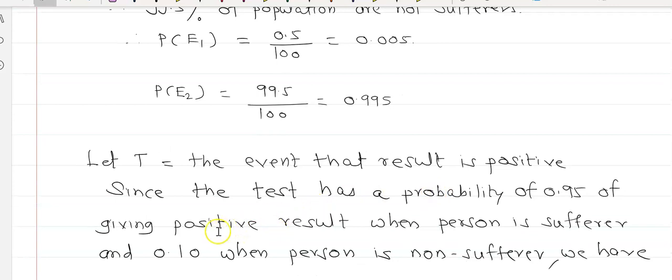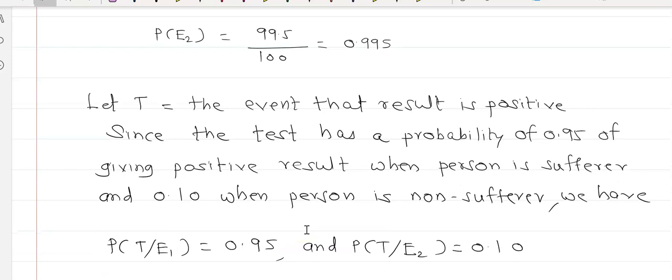Let T be the event that the result is positive. Since the test has a probability of 0.95 of giving a positive result when the person is a sufferer and 0.10 when the person is a non-sufferer, we have the probability of T conditional E1 is equal to 0.95 and the probability of T conditional E2 is 0.10.